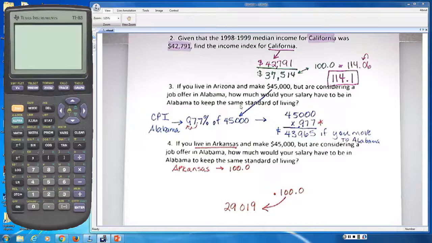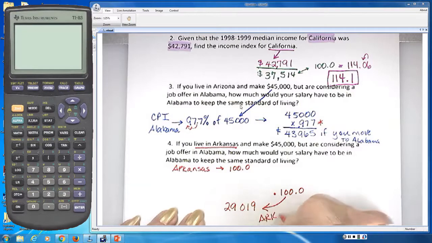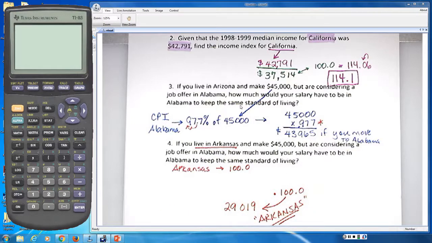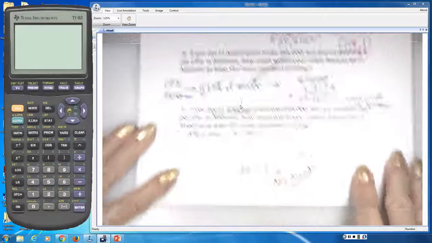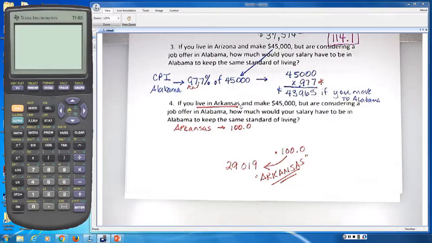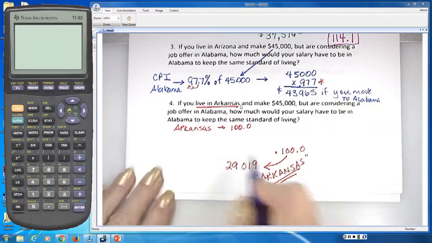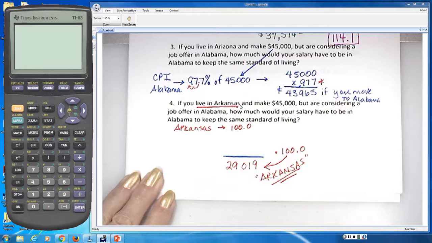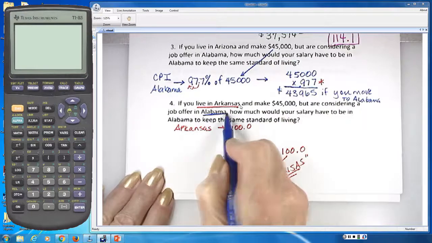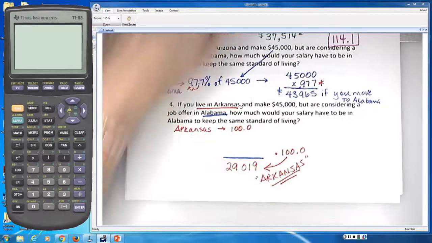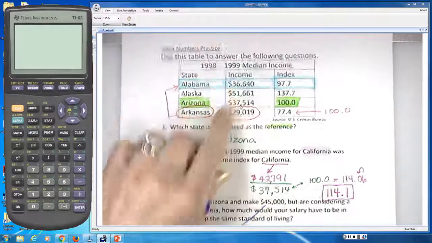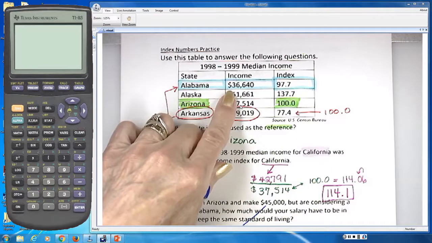Okay? You need to connect those two. Arkansas's money is your reference value. Now what's the reference value for Alabama? You're moving to Alabama. Okay, Alabama's reference, 36,640. Their money.